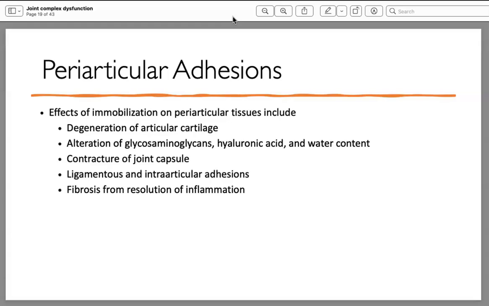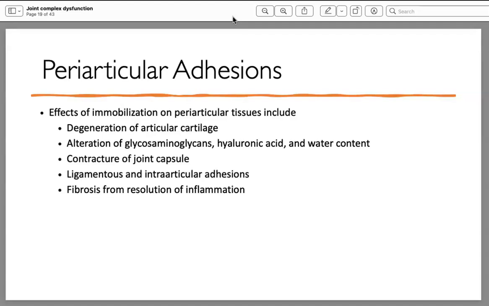We can also have periarticular adhesions, which can limit joint movement as well. When we think of periarticular adhesions, we're thinking of adhesions within the soft tissue surrounding that joint complex. Some of those include degeneration of the articular cartilage surrounding that joint, alterations in hyaluronic acid water content, our ability to absorb into the fluids of the surrounding tissues, contractures within the joint capsule, and ligamentous adhesions.